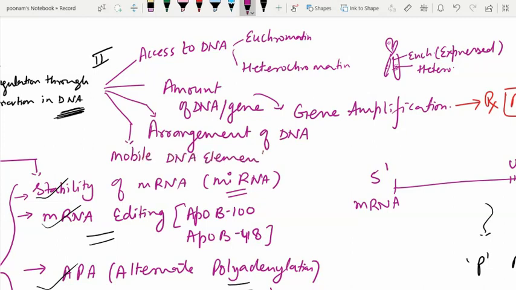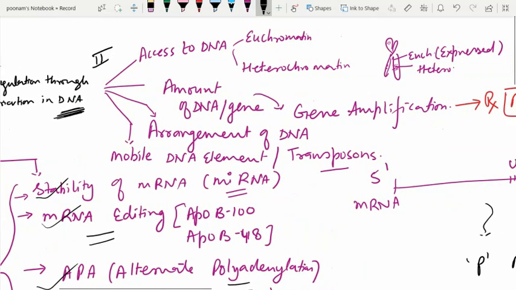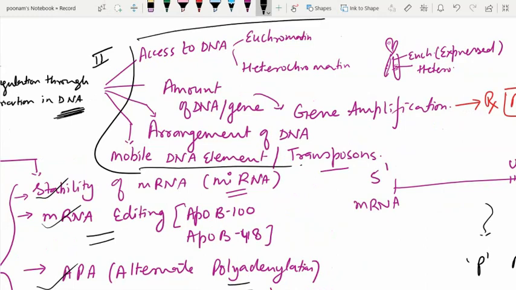There are certain mobile DNA elements called transposons that determine gene expression. So these are the factors which need to be discussed under this heading, where the DNA variation will regulate the gene expression.